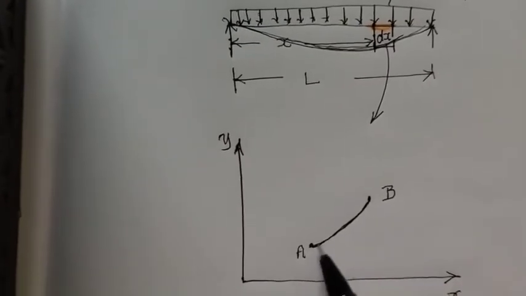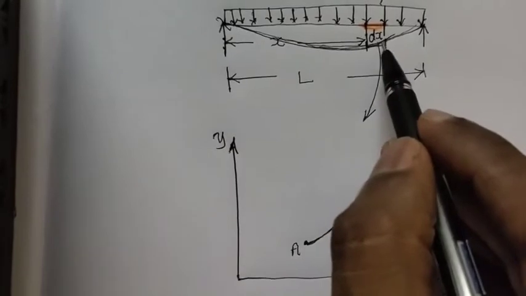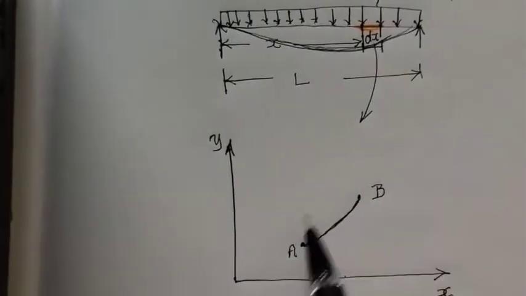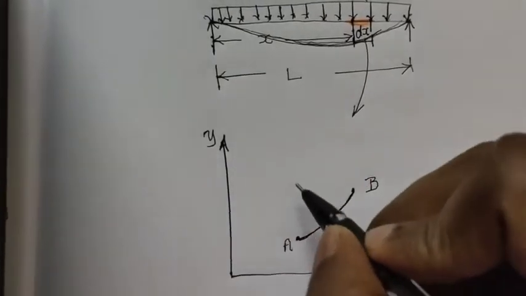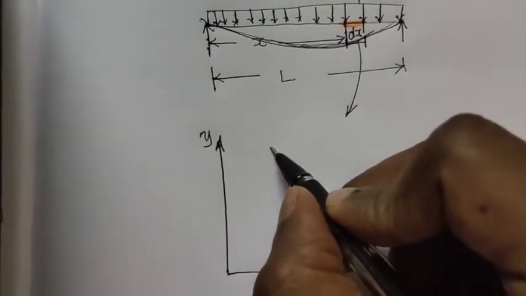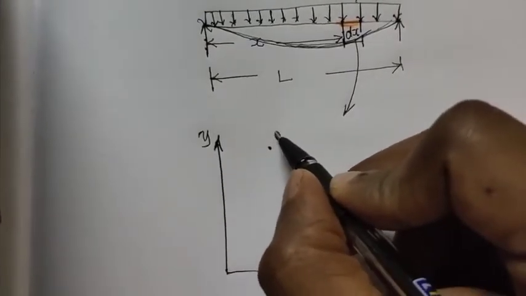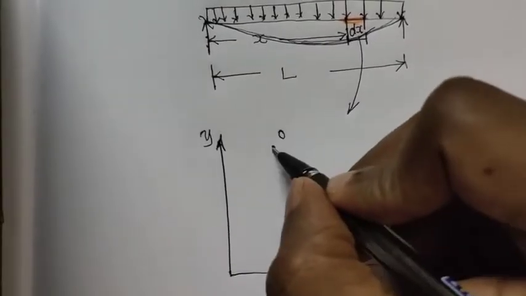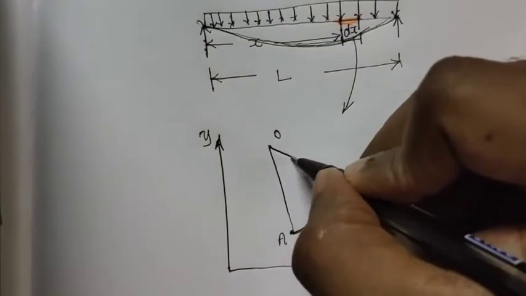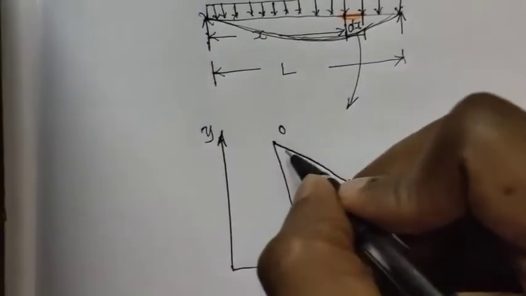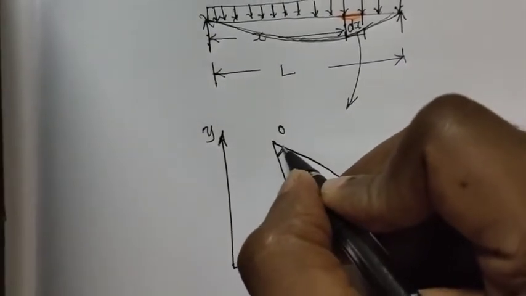So this arc represents this portion, and it is a highly exaggerated view. Since this is an arc, it should have a center. Let me call this center O. Let me join the points O and A, and join the points O and B in such a way that they make a small angle.